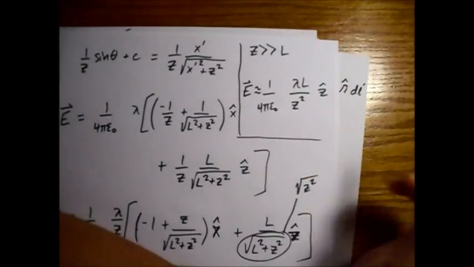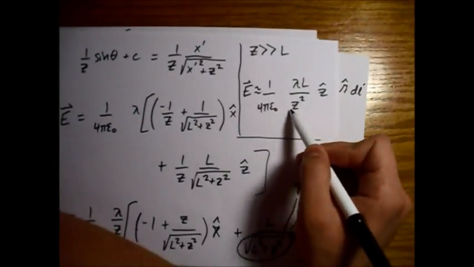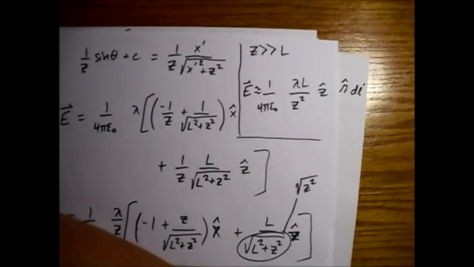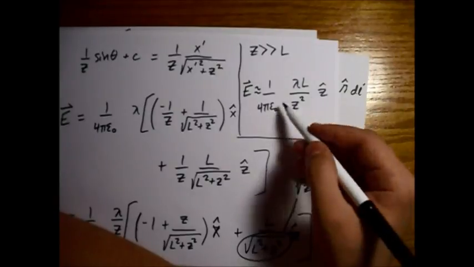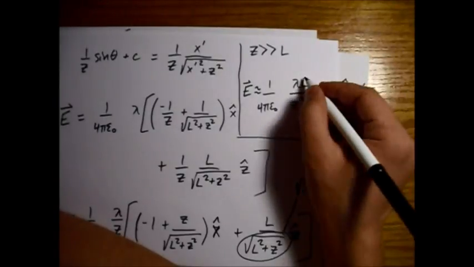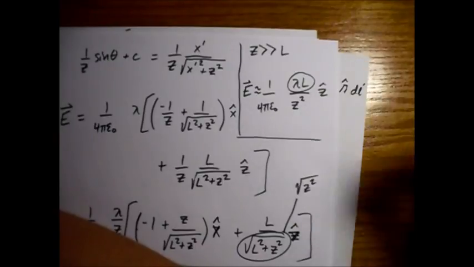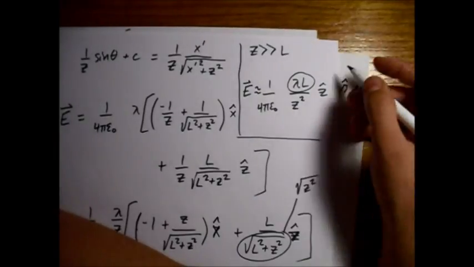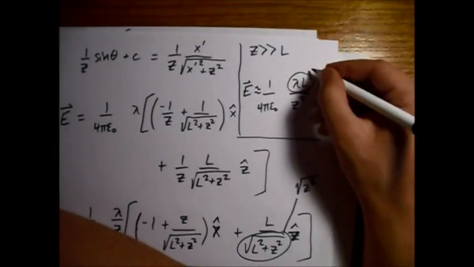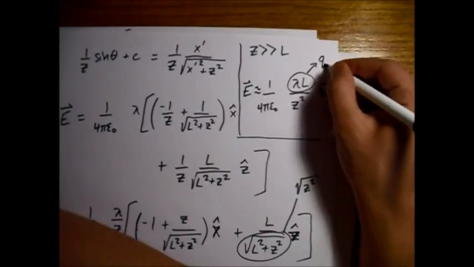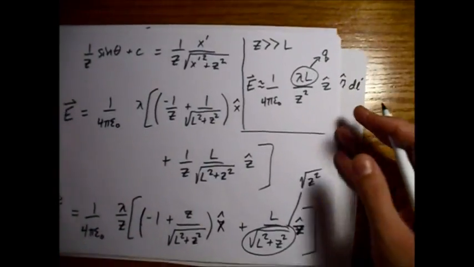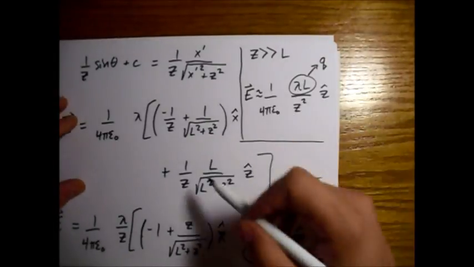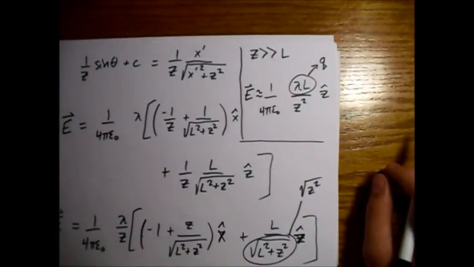But just looking at this, we have our 1 over z squared dependence, 1 over the distance squared, just what we would expect. And this term right here, lambda multiplied by L, linear charge density multiplied by a length, that is just a Q. So there we go. We've recovered our electric field for a point charge right there at the origin.